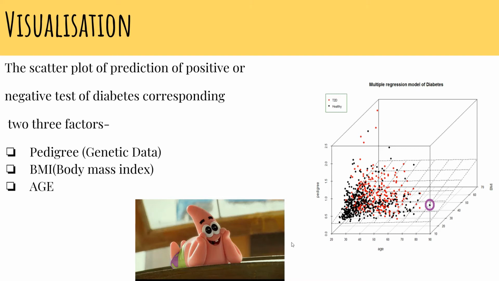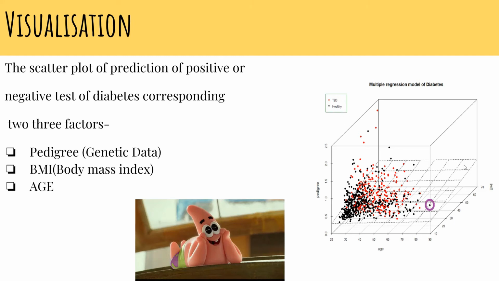It is comparatively easy to visualize 2 to 3 variables, where instead of a line in 2D or in a simple linear regression model, here we have a hyperplane which divides the data points into 2 different parts. Just like in the simple linear regression model, we were creating a line, or our model was basically a line equation. In multiple linear regression, our model is basically a hyperplane, a plane which cuts the cube, this cube formed by 3 independent variables of pedigree, age, and BMI, which is trying to predict if a person is healthy or has diabetes.